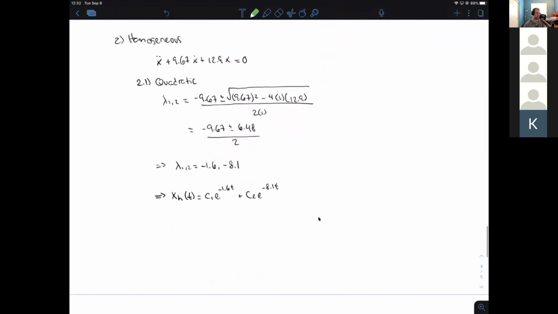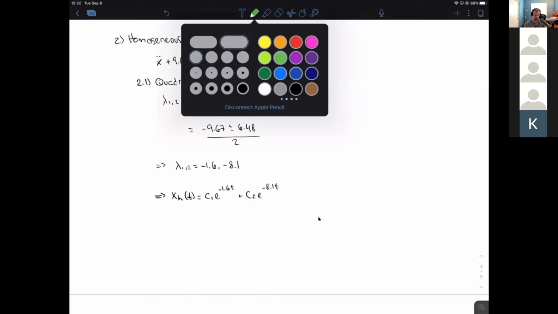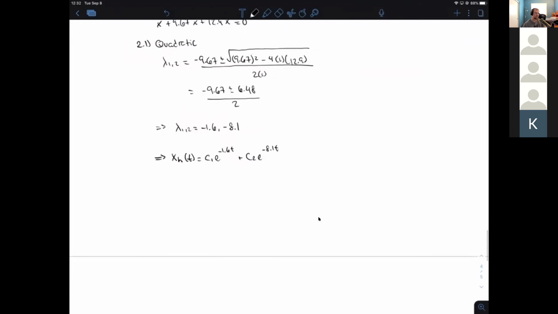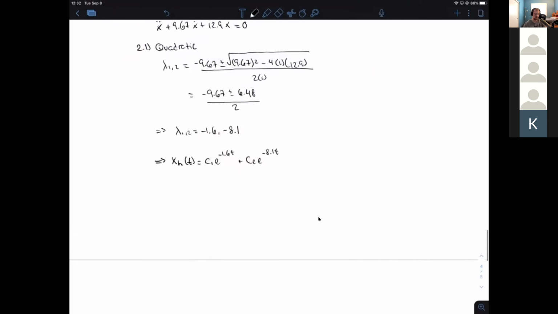All right, so now let's solve for the particular solution, doing, if I remember right, the method of undetermined coefficients. Hopefully you remember that.